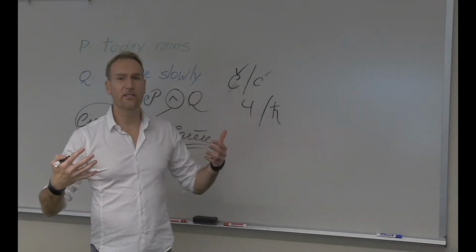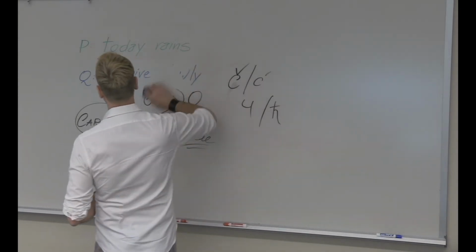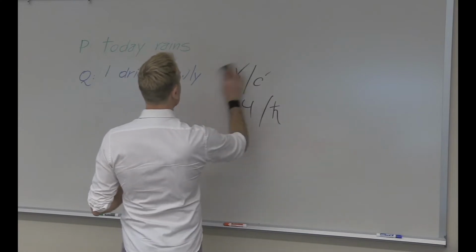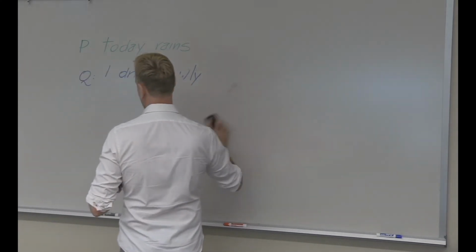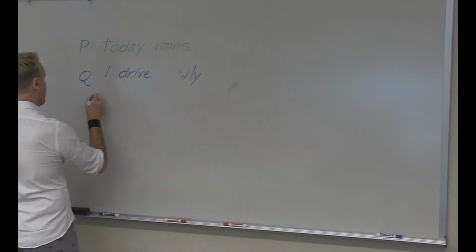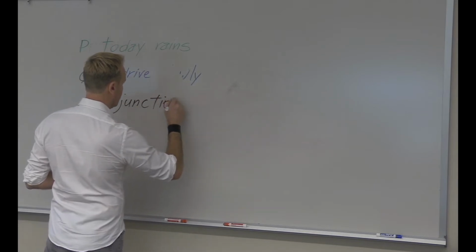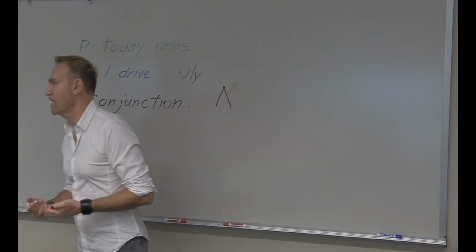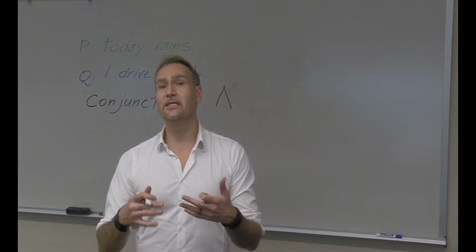All right, so this is uniting something, and it's a conjunction. So each of these statements is a simple statement, but the and is a conjunction, caret. Now there are of course other types of statements that will be linked in a different way.